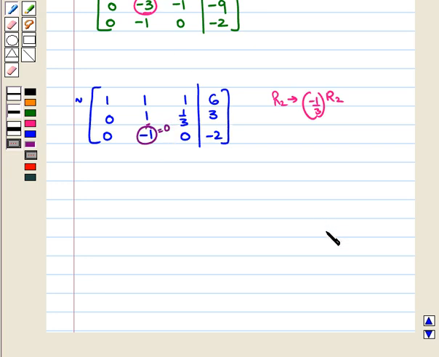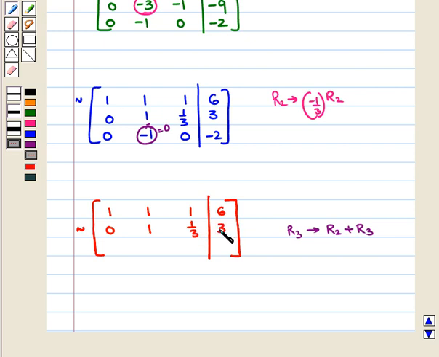For this, we add elements in row 2 with elements in row 3. And we get the matrix containing elements 1, 1, 1 and 6 in the first row, 0, 1, 1 by 3 and 3 in the second row, 0, 0, 1 by 3 and 1 in the third row.